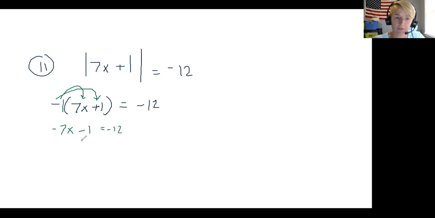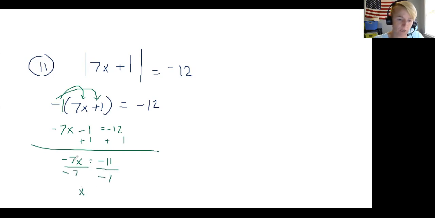I'm going to get rid of the negative 1, so I'm going to add 1 to both sides. Slow down, hit pause if you need to. This is going to be a negative 7x equals negative 11, because a negative 12 plus a positive 1 is a negative 11. Divide by a negative 7 because I want x by itself, and a negative divided by a negative is a positive, so x equals 11 over 7.